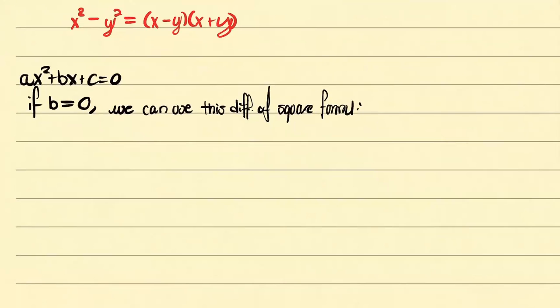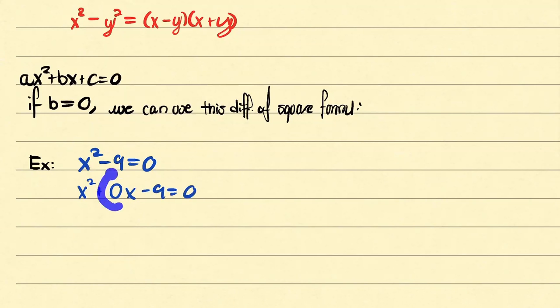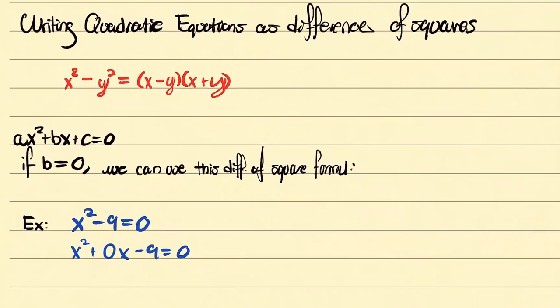So as an example, in this equation right here, notice there is no x term. There's x squared, but x does not appear in this equation, meaning what is really happening is there's a 0x minus 9 here. So the linear x term with power 1 doesn't appear, meaning b is 0. That's the implication. We can use the difference of squares formula.